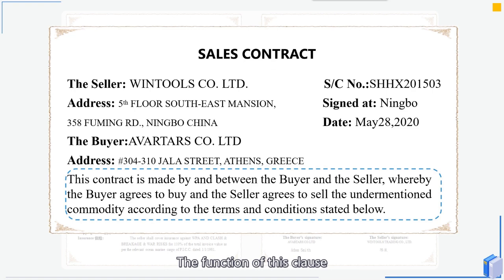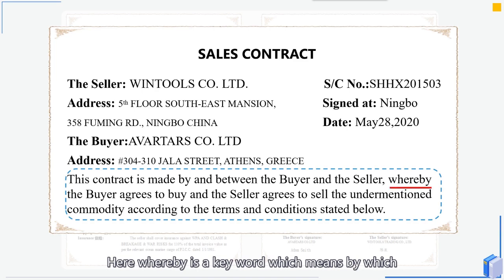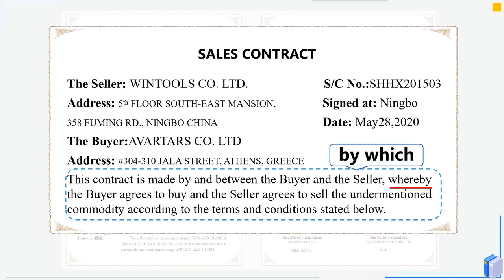The function of these clauses is to provide some explanation that both parties agree to sign the contract. Here, whereby is a key word, which means by which. Therefore, it can be followed by a subordinate clause.